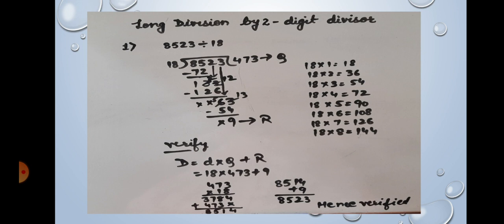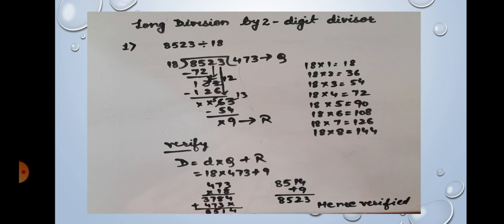After that we will see in the table again the number which is closer to 132 or equal to it. As we are seeing in the table, 18 sevens is 126, so we will be placing 126 below 132 and 7 we will write in the quotient. Now after that we will subtract 126 from 132, we will get 6.